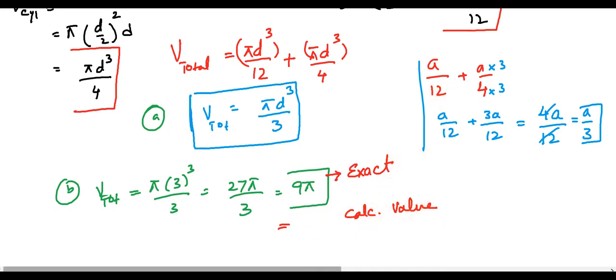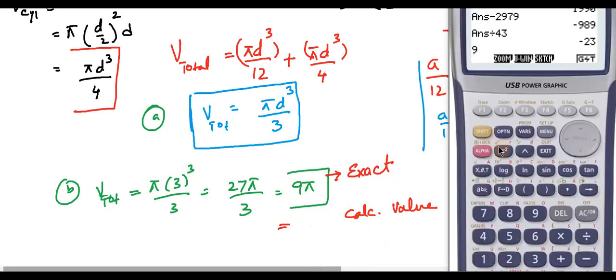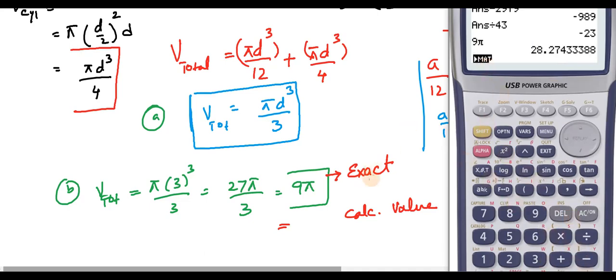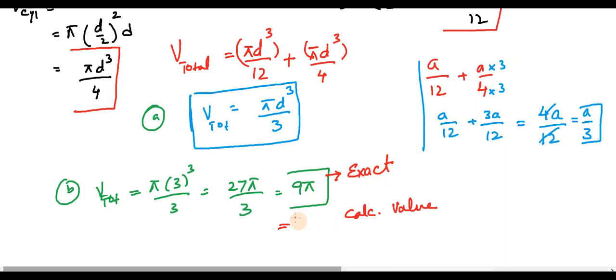So 9 times pi: 9, shift, and this button at the bottom here. This is how you type, and we get 28.27.